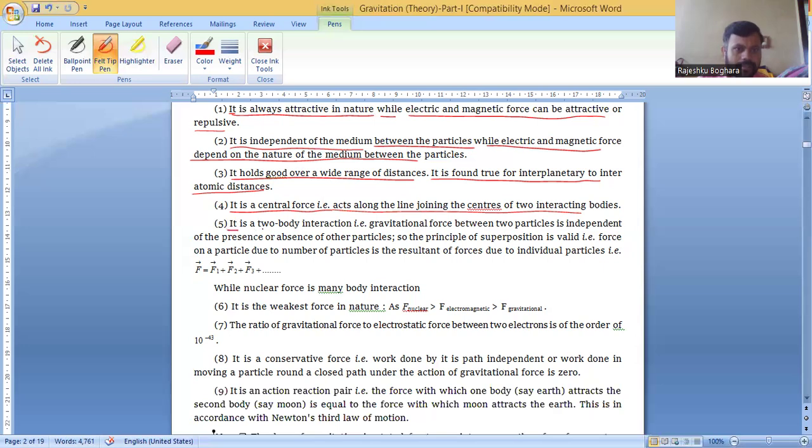It is a two-body interaction, that is, the gravitational force between two particles is independent of the presence or absence of other particles.